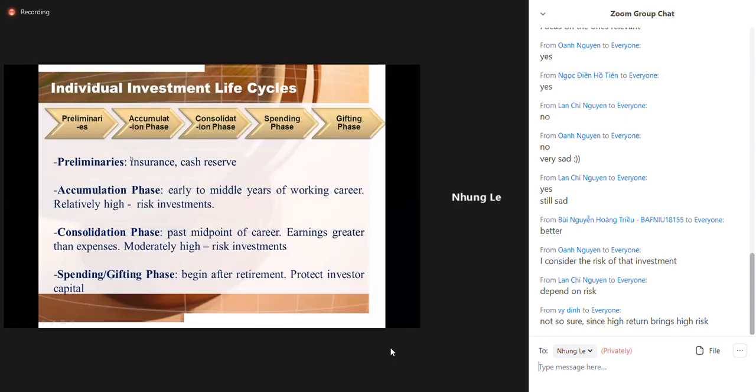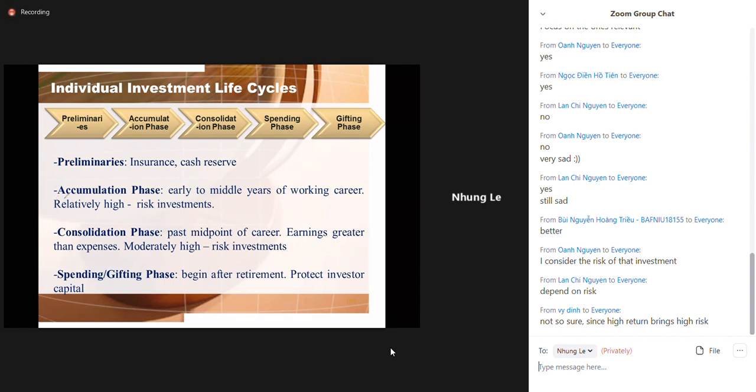If you remember, during the life cycle, we have different phases, and with the different phases, we have different levels of risk we can be exposed to. That's why I show you here, not just about like or don't like, but we also consider all the aspects and determine the tolerance to take risk.